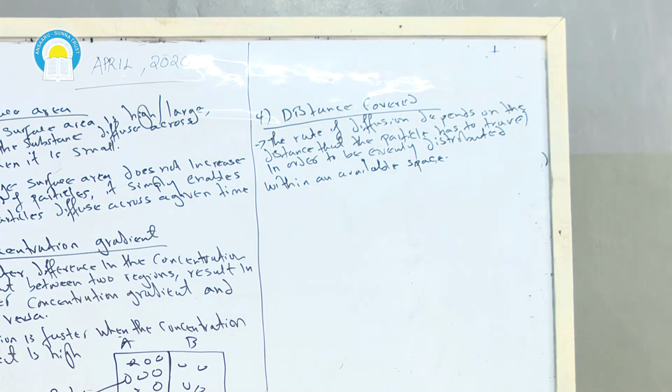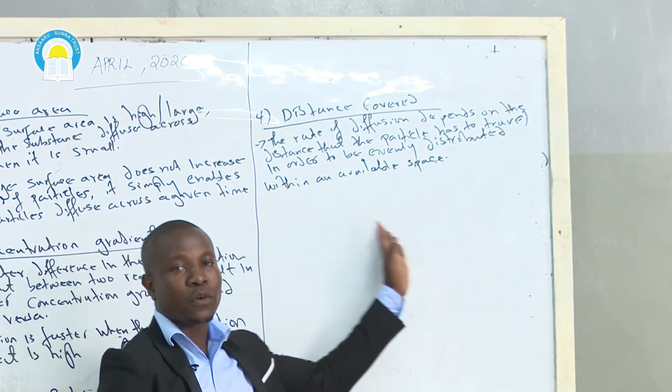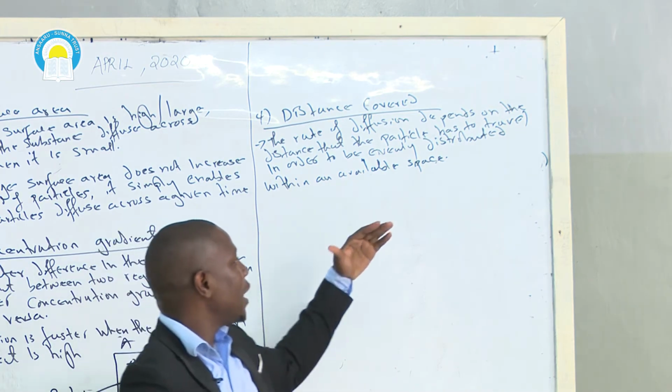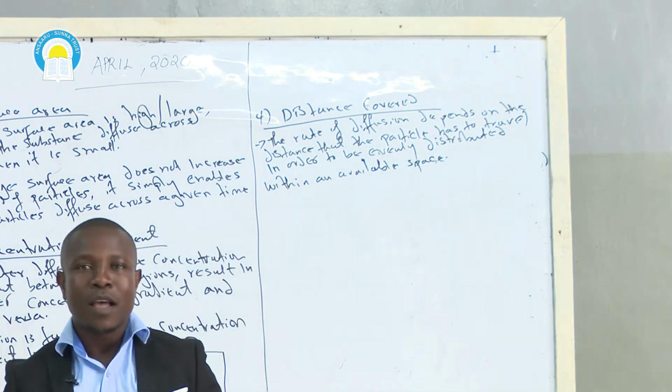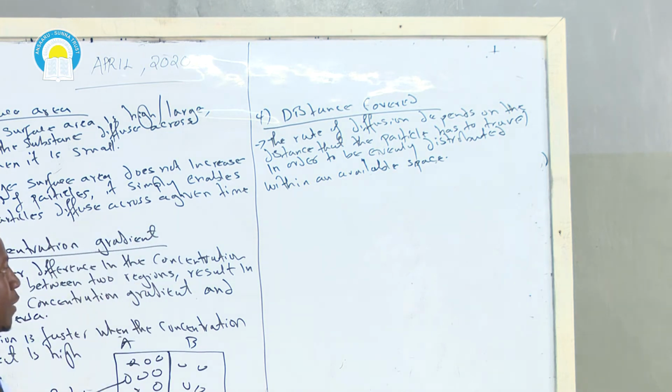So here you're being told that when the distance is short, the rate of diffusion is going to be high. And when the distance is thin or large, the rate of diffusion is going to be low. That's what you mean by what? The distance covered.